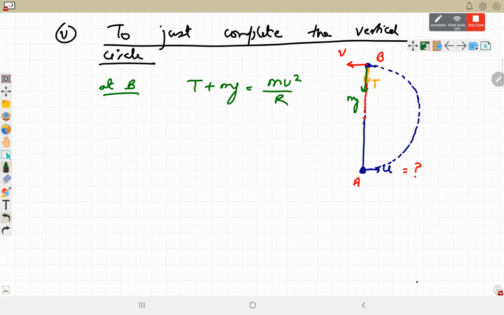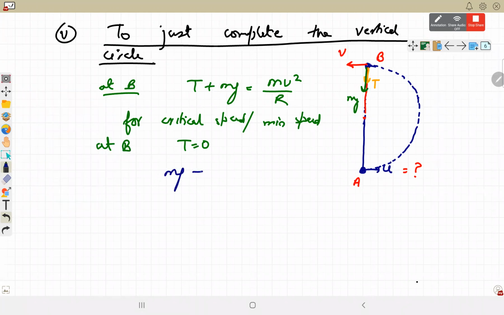But since we are saying it has to be the minimum possible speed, so the minimum possible centripetal force, mg cannot change, so tension has to be minimum value. For critical speed or minimum speed at the maximum height, the tension value should become 0. Tension is 0 means mg should be equal to mv square by r, v should be root gr.